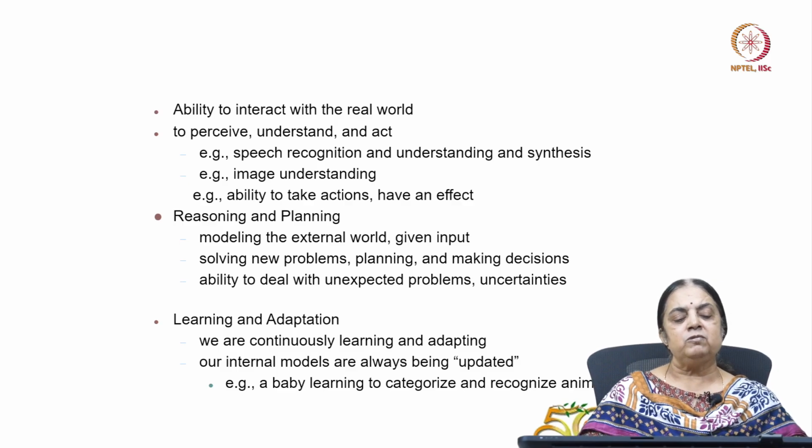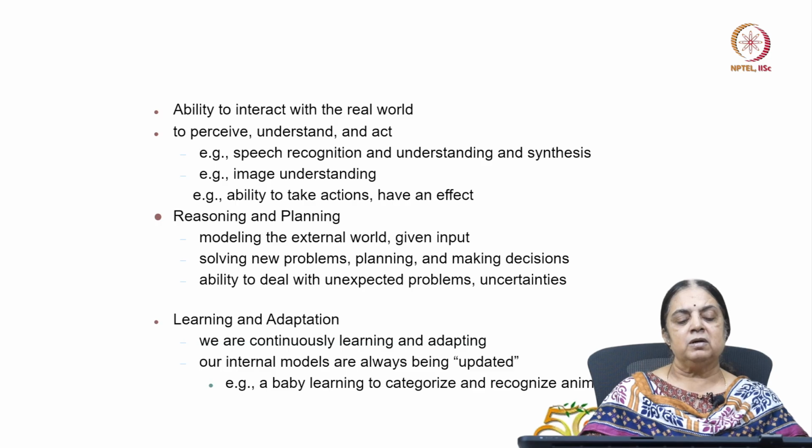What you need to do is to perceive, to understand and to act. So here, the ability to take action: you need to understand what is happening in the real world and take action for that. Reasoning and planning: you are modeling the external world given some input. Solving new problems, ability to deal with unexpected problems, etc. Then learning and adaptation.